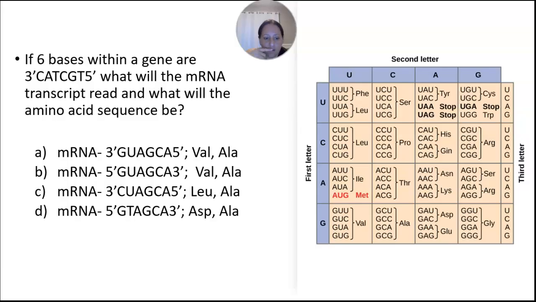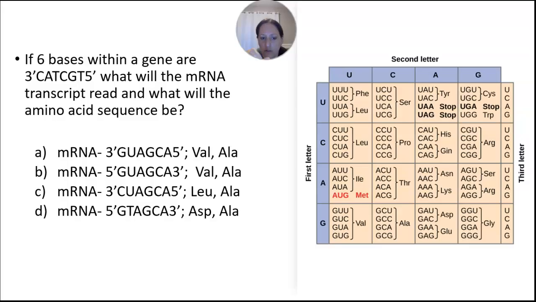Okay, so it looks like the message in B, yeah, the only one that's correct is B. So your mRNA should read 5' to 3' GUA, GCA, and let's make sure that those are the right 2 amino acids.